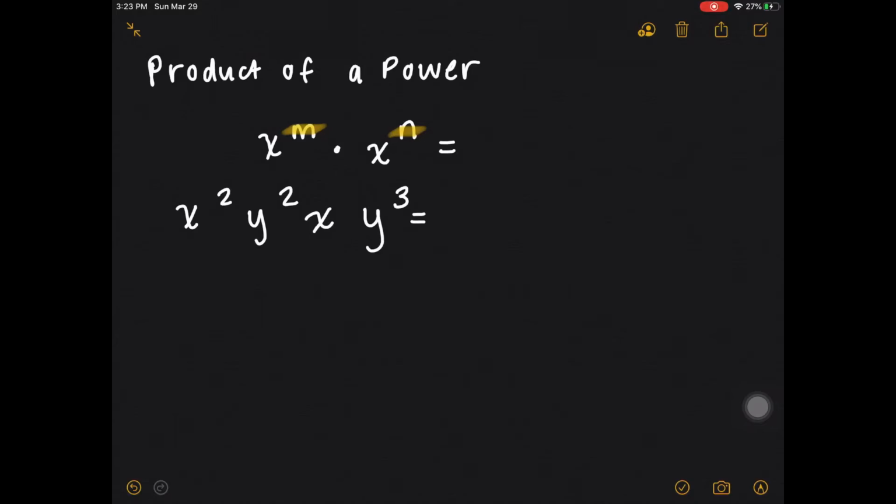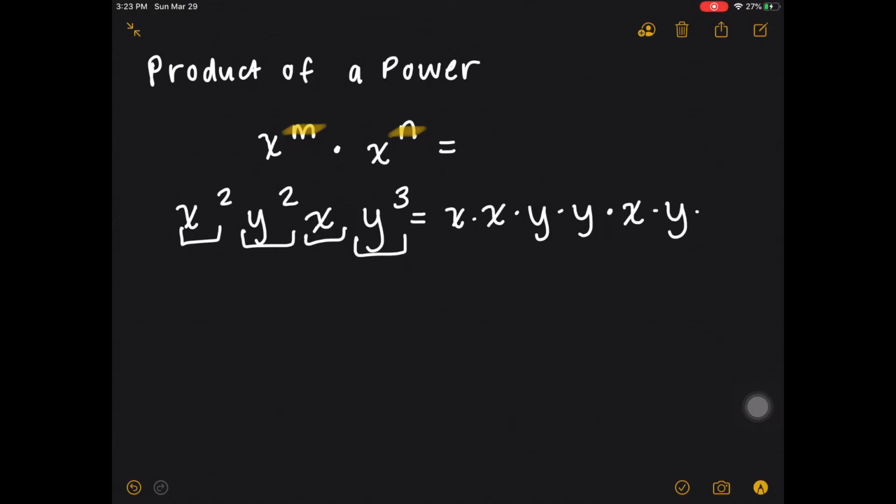So when we look at the product of a power, first thing we're going to do is expand each one of these sections. So we know when we expand each term, x squared is going to be x times x, y squared is going to be y times y, x to no power is just x to the first power, which is just x, and y to the third is going to be y times y times y.